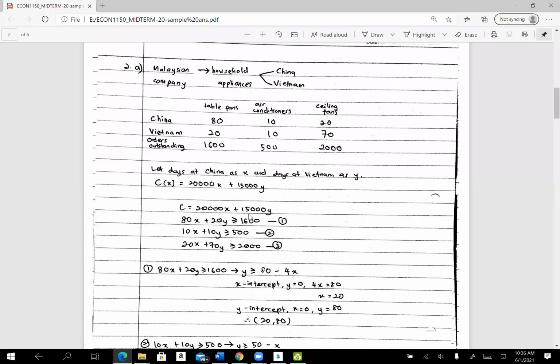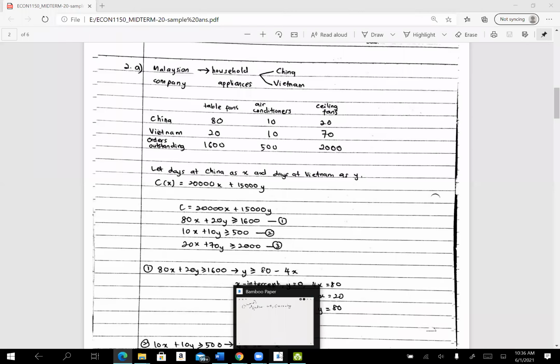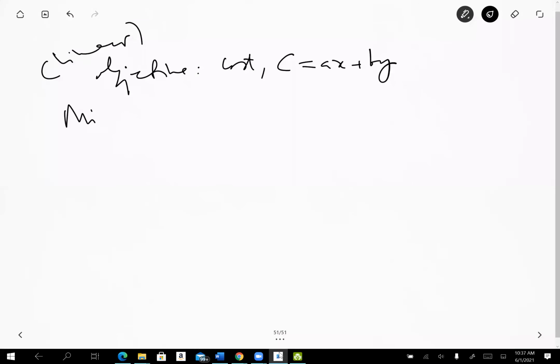So now you come up with the constraints which are coming from the table. Therefore you state the problem. So the problem is minimize your cost equal to, so you have to say minimize, subject to.